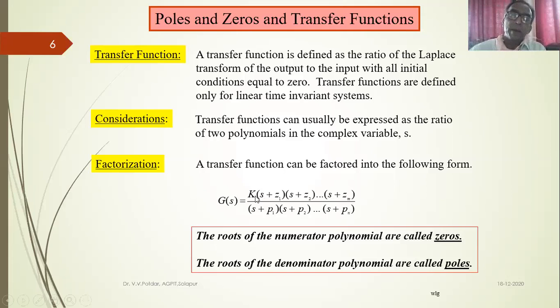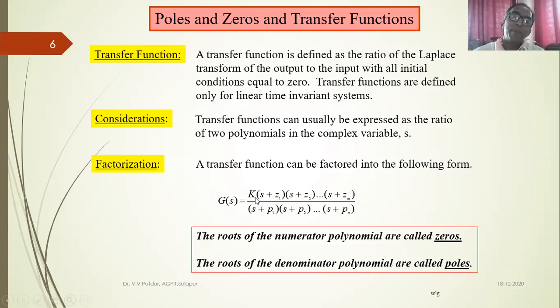Okay, so I had said one more thing. K is called the constant or steady state gain of this transfer function. And then I got S as one of the factors. Now what happens? That S is also called a zero of the transfer function, for the value of S equal to 0, isn't it?